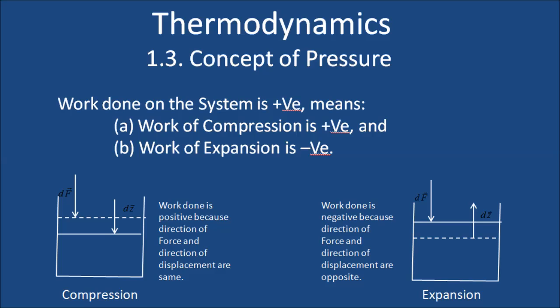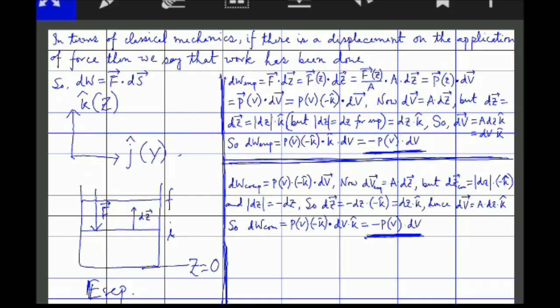In case of expansion, dV is positive, so the total work will become minus a positive quantity times another positive quantity, so it will be negative. So work of expansion will become a negative work. And in case of compression, we see dV is negative, and the expression is minus P dV, so minus into dV negative, the total will be a positive work.